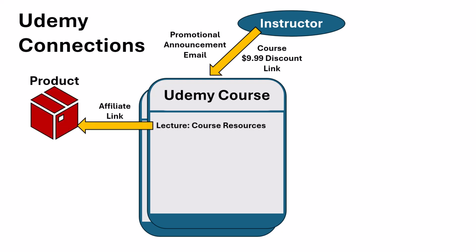Now, Udemy courses themselves do some more promotion. The first thing that you can do is in the lecture named Course Resources, you can put affiliate links. These are links that grant you up to 50% of the revenue from a sale of a product that is required to watch this course.